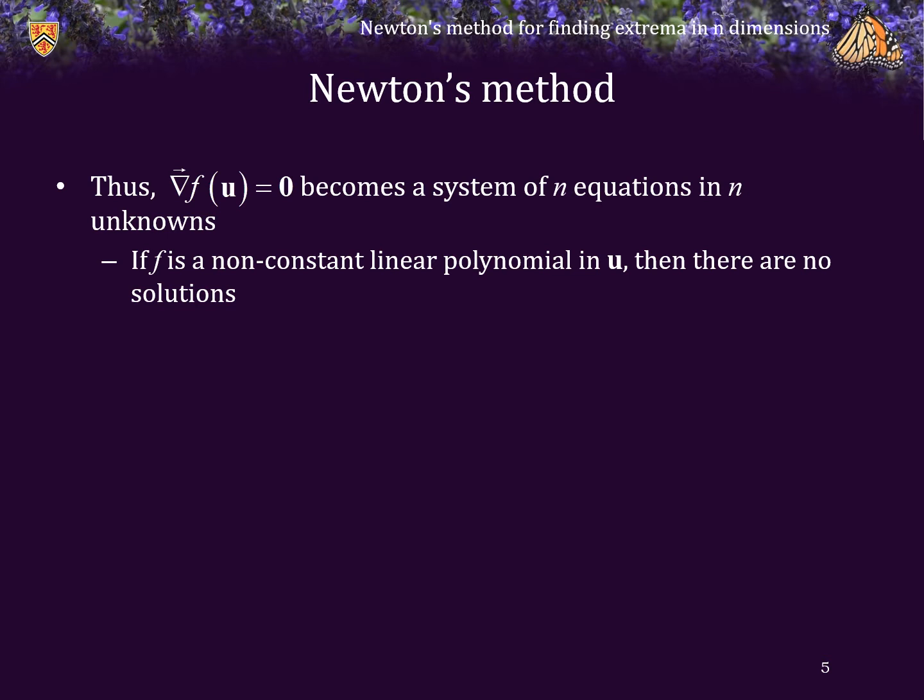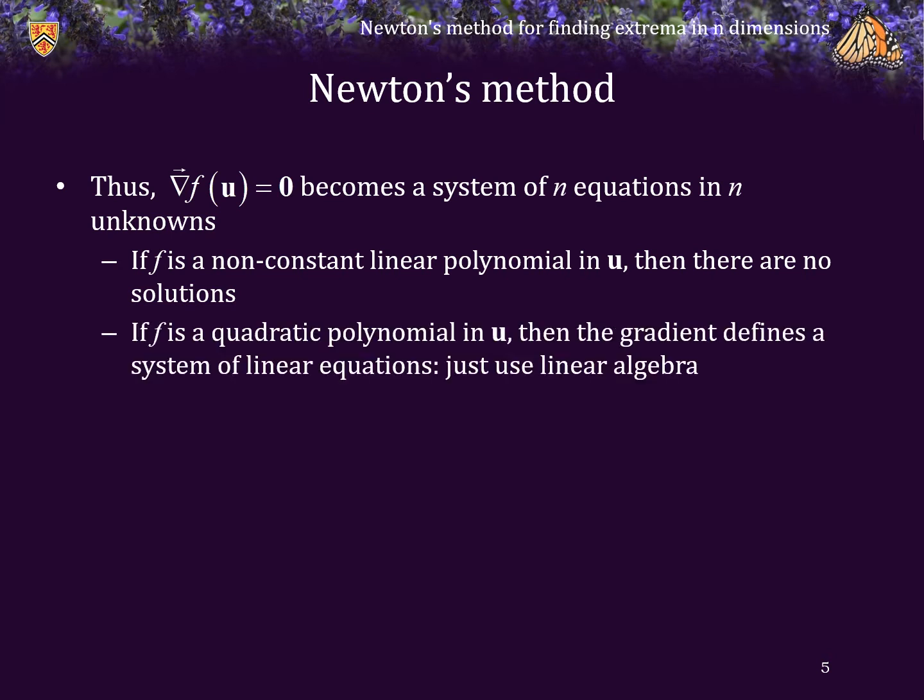Now, if f is a constant function, then of course every point is an extrema. If f is a non-constant linear polynomial in u, then there are no solutions, for the gradient is a constant non-zero vector. If f is a quadratic polynomial in u, then the gradient defines a system of linear equations. Well, in this case, we don't even need Newton's method. We can just use linear algebra.